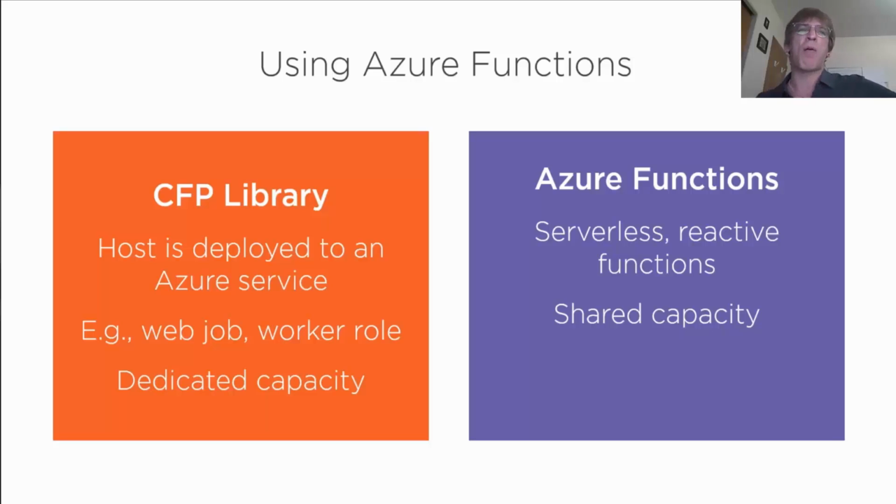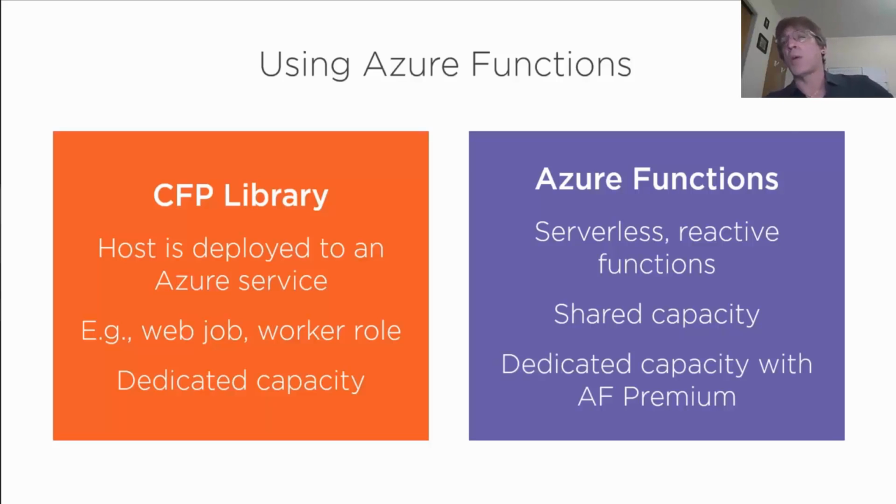Whereas if you go with the CFP library, it'll be, like I said, either a VM, a web job, a worker role, a cloud service, something that will give you the dedicated capacity that you can provision. With Azure Functions, you're susceptible to cold restarts. Unless you go with Azure Functions Premium, which is nice. It's just nice to know that that's there because you can pay for and get that same dedicated capacity while still enjoying the serverless benefits of Azure Functions.